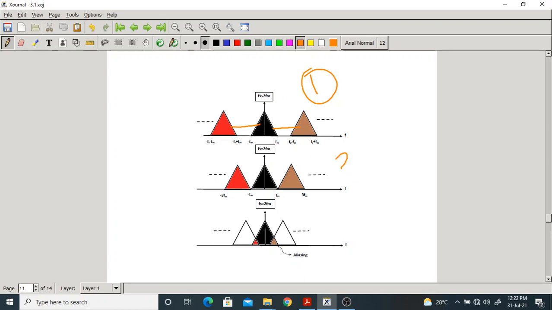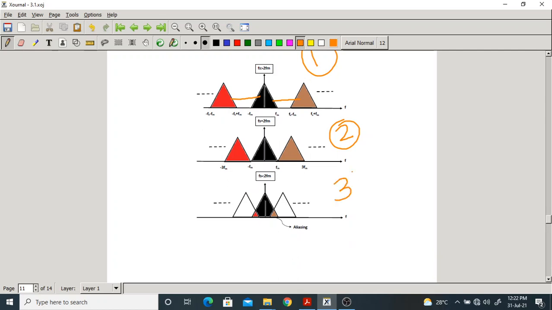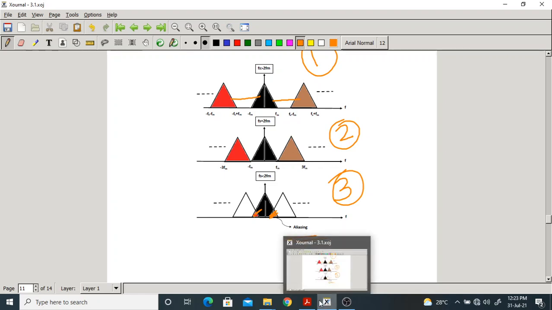Case 2: whenever Fs is exactly equal to 2fm, the copies are just touching each other. Case 3: whenever Fs is less than 2fm, the copies are overlapping. Here they are overlapping. That overlapping is called aliasing.